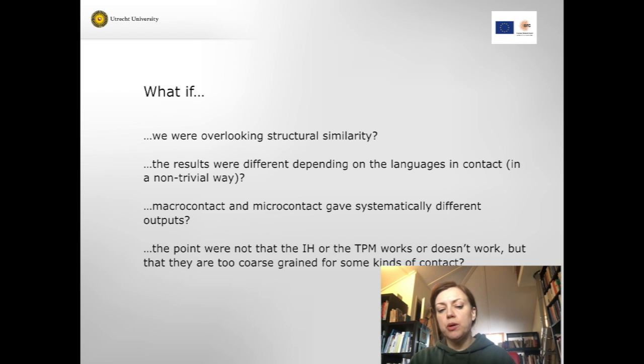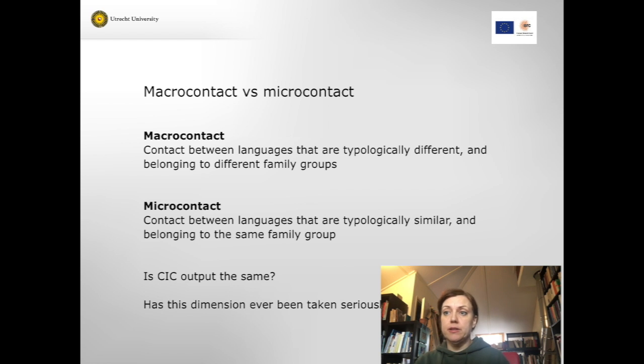What if this was the case? Well, we're trying to show in this talk that it is really the case, so we should really look at this dimension too. Again, macrocontact versus microcontact. Macrocontact is the contact between languages that are typologically different or that belong to different language families. And for the sake of this talk, we will just consider languages within the same language family.